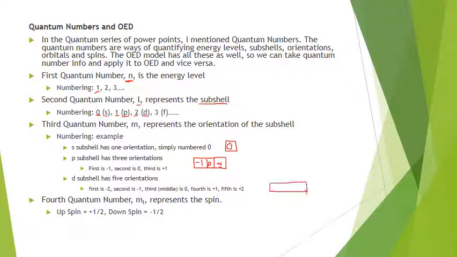The D subshell has 5 orbitals, so the middle one will be 0, then -1, -2 one way, and +1 and +2 the other way. And then the fourth quantum number is the spin. If it's up, it's +1/2, and down spin is -1/2.